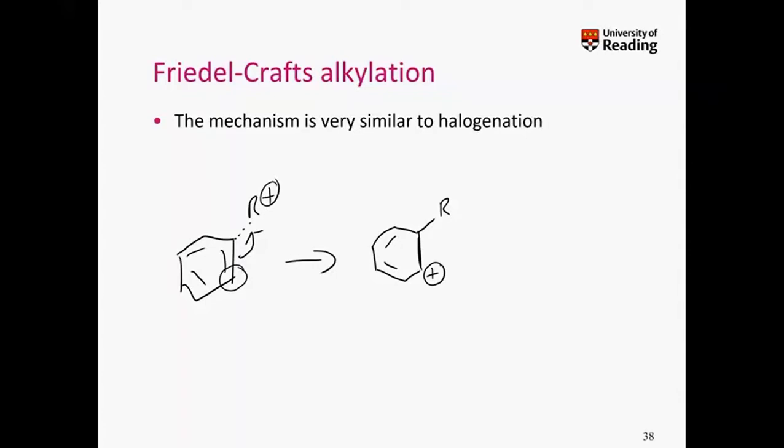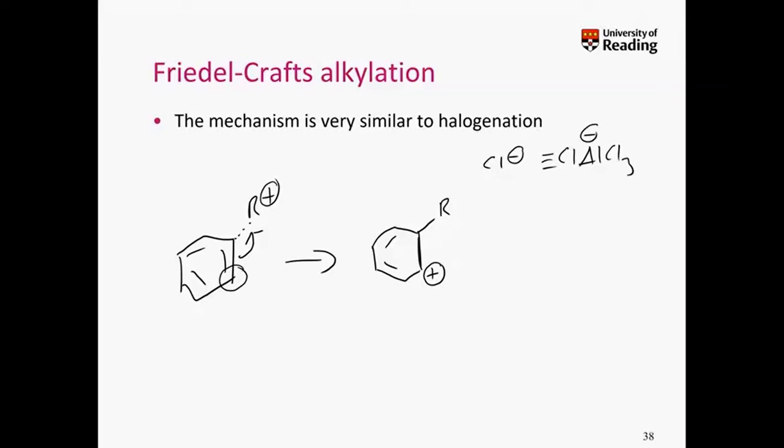I'm not going to, but just be aware that they're there. And then very similar to when we did the chlorine, we had Cl minus, which has come from the AlCl3. That gives us effectively Cl minus.